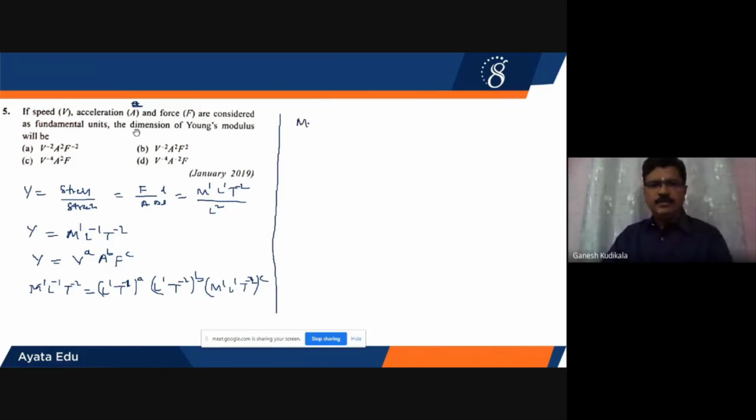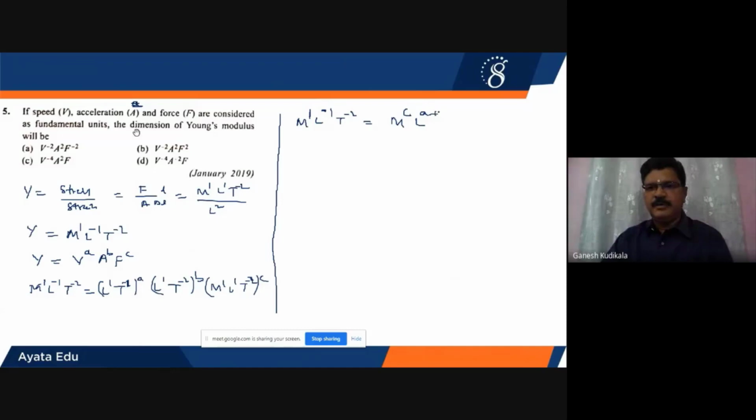M^1 L^-1 T^-2 will be equal to, on simplifying the right hand side, only one M is there. Therefore, I get M to the power of c. For L, I'll get L to the power of a plus b plus c.